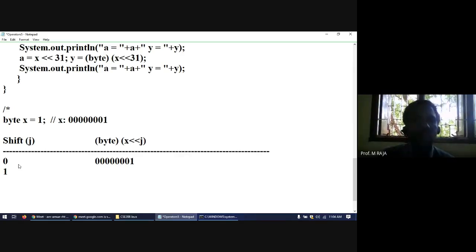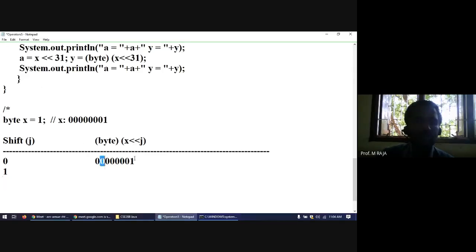Then shift number 1. In this case, what is the MSB, the most significant bit? 0 is the most significant bit. 0 will be lost. So coming to the next bits, sequential bits 1, 2, 3, 4, 5, 6, 7, 8, the 8th bit is lost.